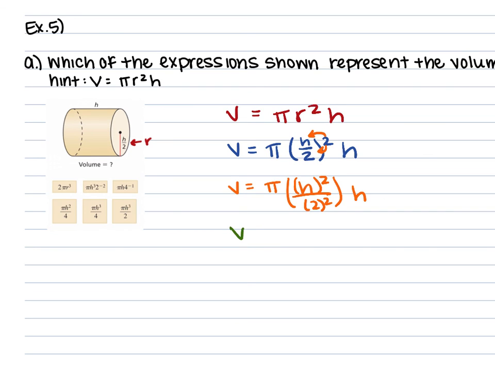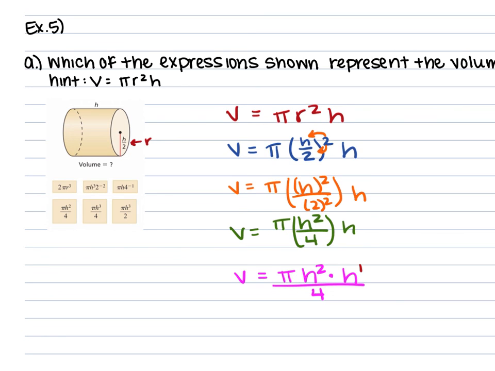So this is going to give us our volume is equal to pi times h squared over 4 times our height. If we multiply everything, we're going to do volume is equal to pi times your height squared times h, and everything's going to go over 4.